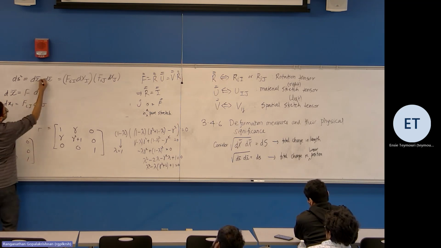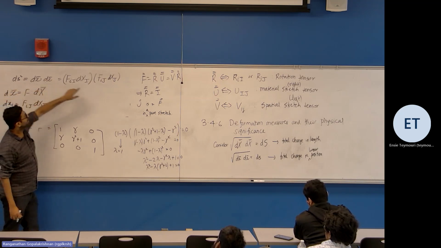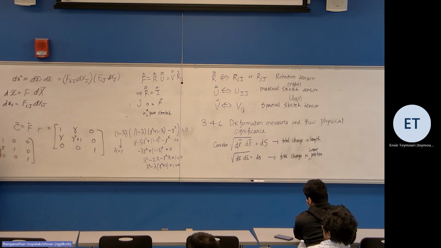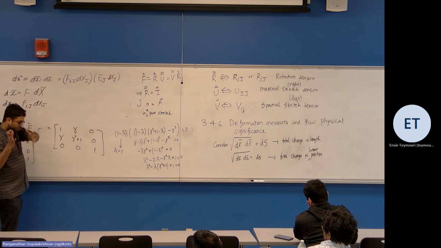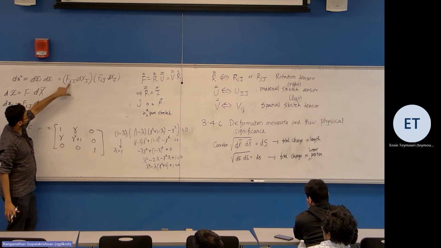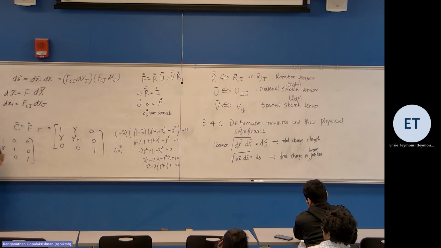Why am I writing it as dX? Here I use i and here I use j. Change in position. Okay, you're right, but one more part to that question is why am I using a common i but different material coordinates?